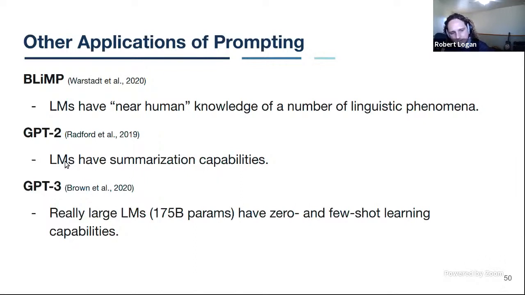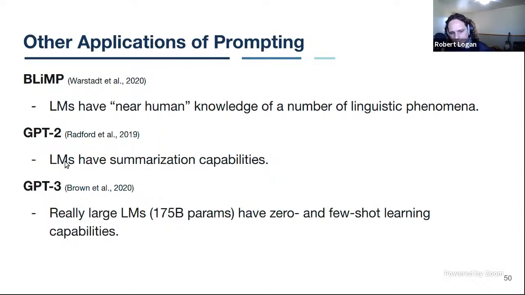And then famously, in the GPT-2 and GPT-3 papers, they also showed some pretty astounding capabilities of their massive language models. In GPT-2, they were able to take a long body of text, append the string TLDR to the end of it, and generate from GPT-2, and it actually had pretty good text summarization capabilities.